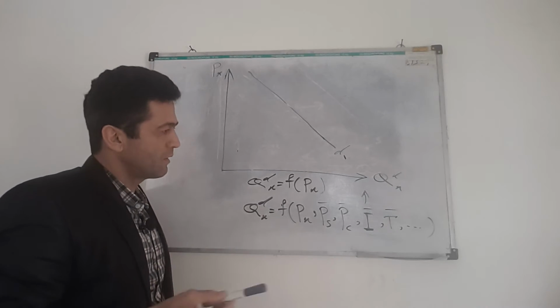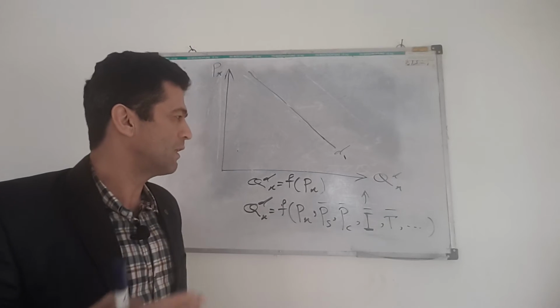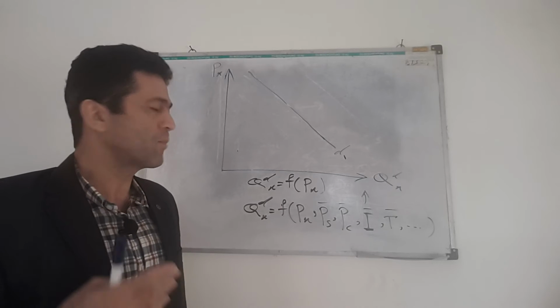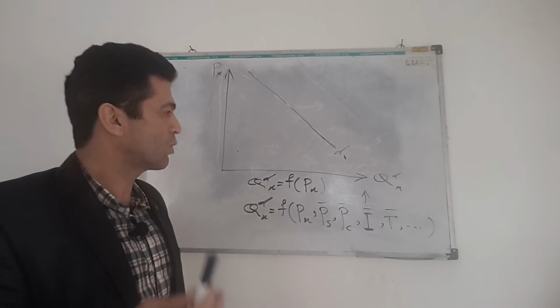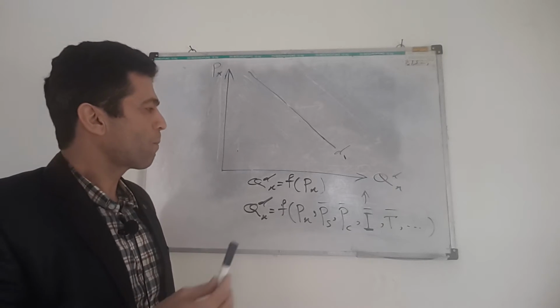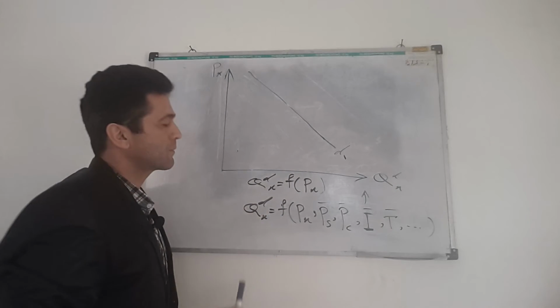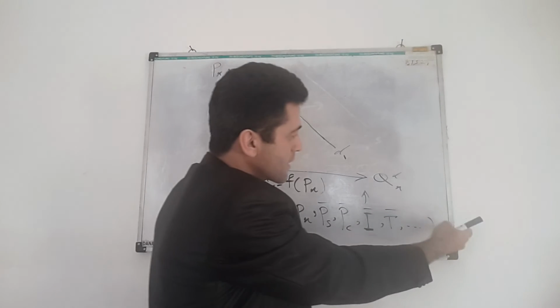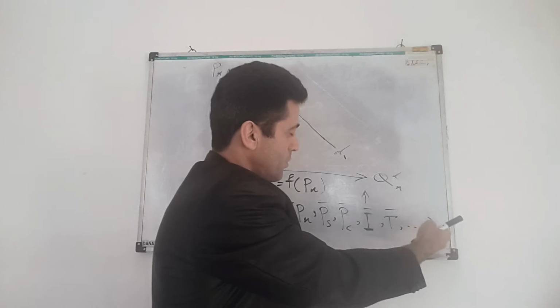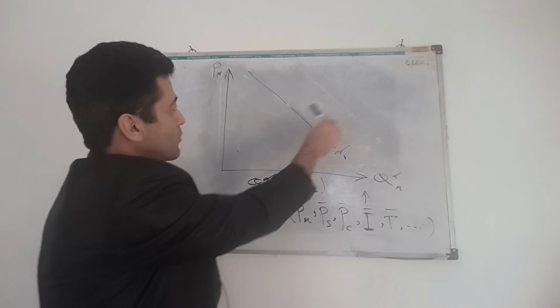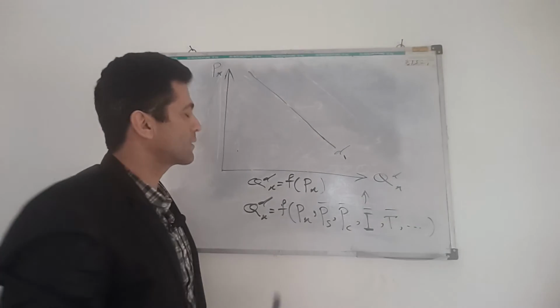And because of, for example, advertising by media, we don't like to buy that good, the demand curve will shift to the left side. Also, other factors may change and the demand curve will shift to the right side or the left side.